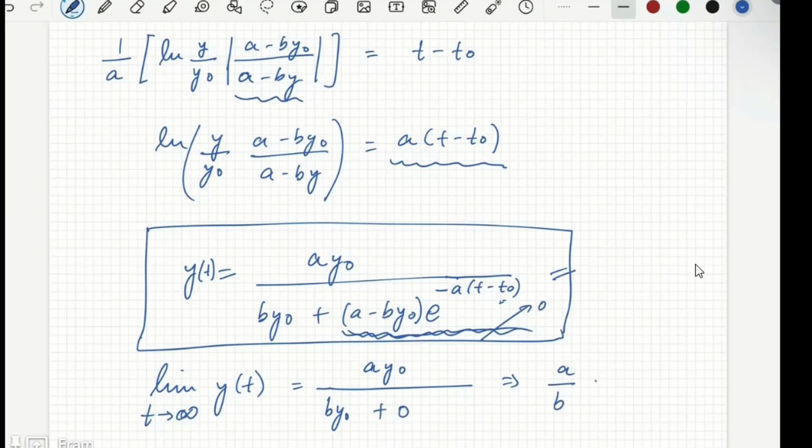So what does it mean? The final value of the solution, as t goes to infinity, does it depend on the value of the initial condition? No, ma'am.